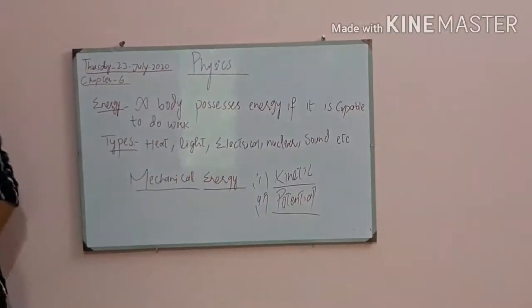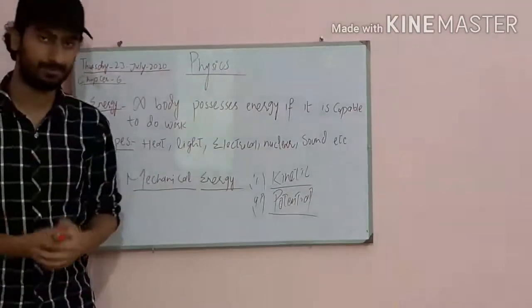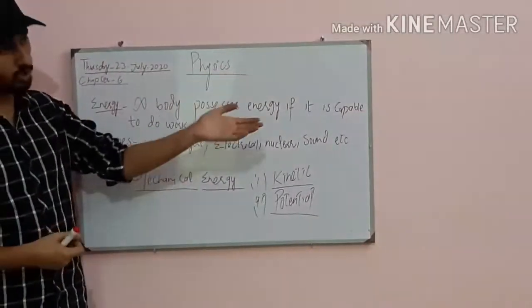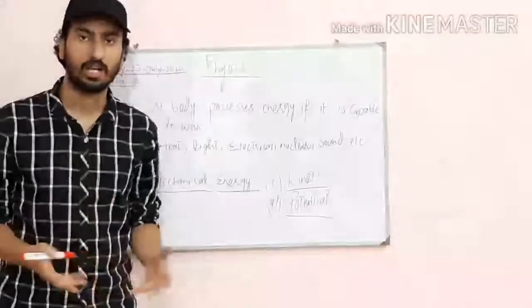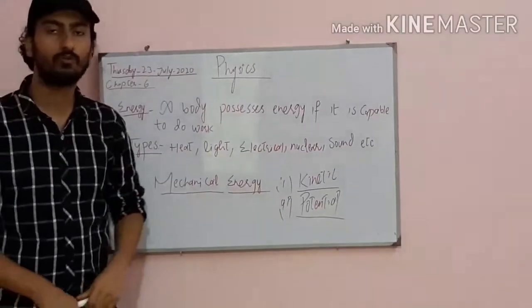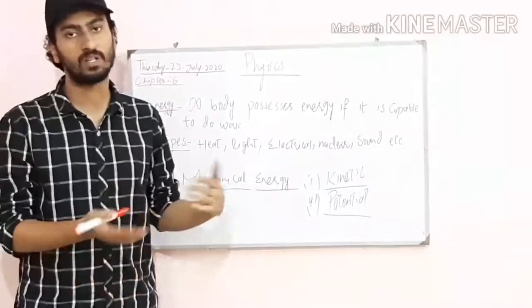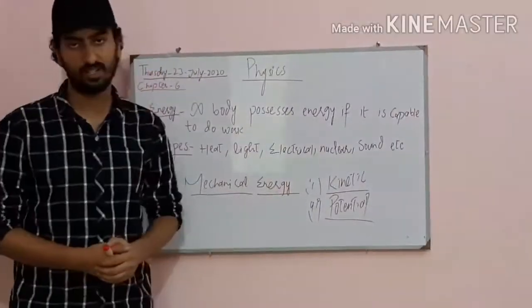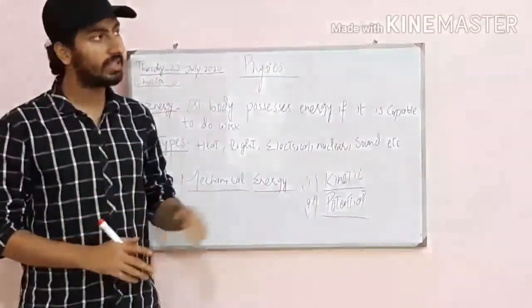Take an example of water. We produce electrical energy from water. How? The water stream falls from some height, and from that we run turbines, and from turbines we generate electrical energy. Similarly, windmills.